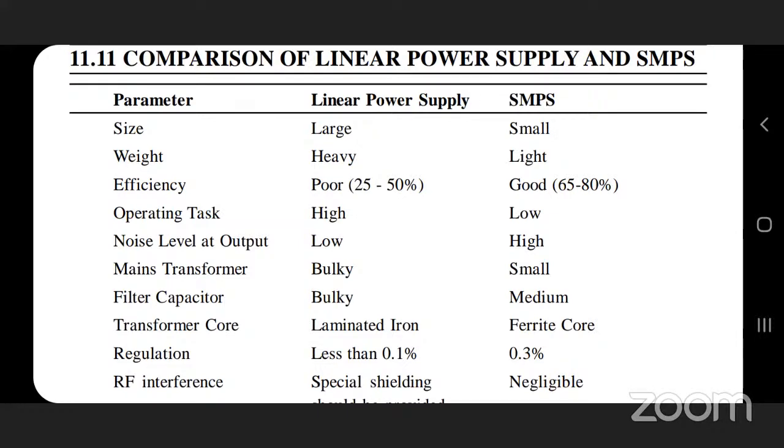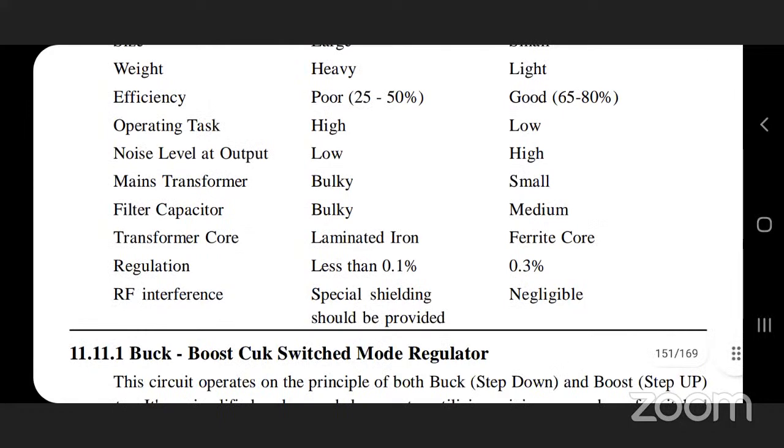Operating frequency: low and high. Noise level at output: low and high. Transformer: bulky and small. Filter capacitor: bulky and medium. Transformer core: laminated and ferrite core. Regulation: less than 0.1 and 0.3. RF interference: special shielding should be provided, and here it should be negligible.